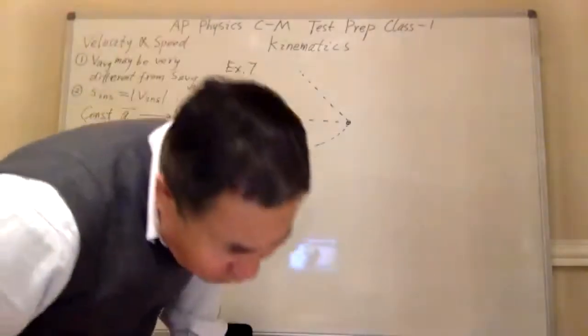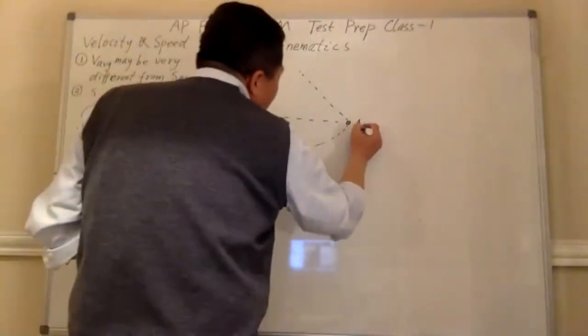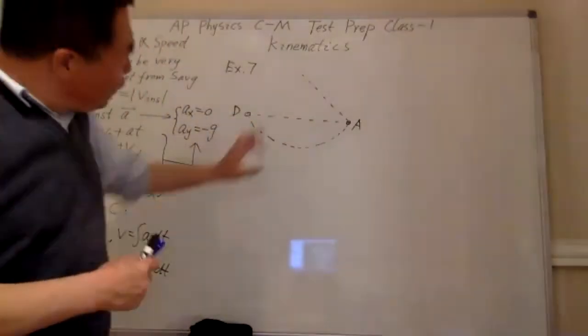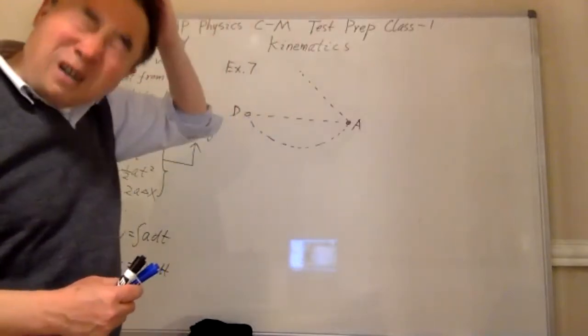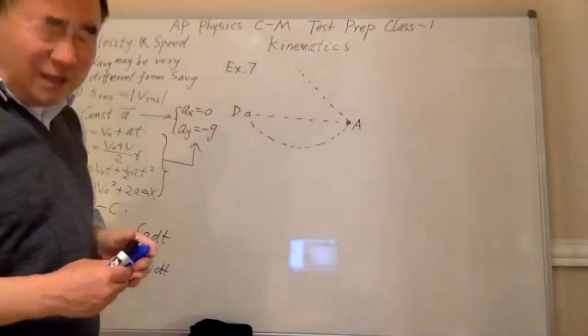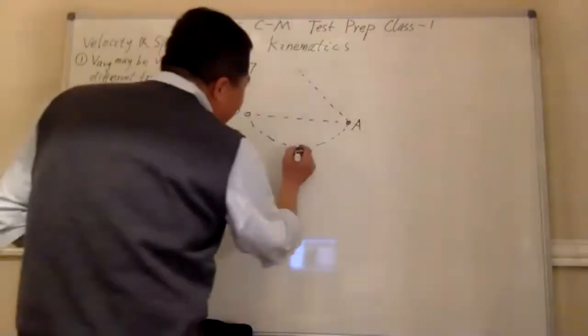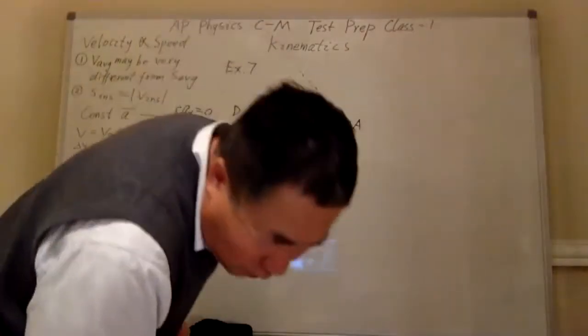We have to combine with some other knowledge. From A to D, each one is at the same height, because they conserve energy. This is the lowest point, where the person is moving fastest, which is B. Then they have another point, C.